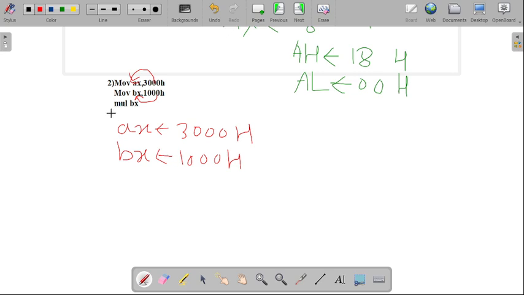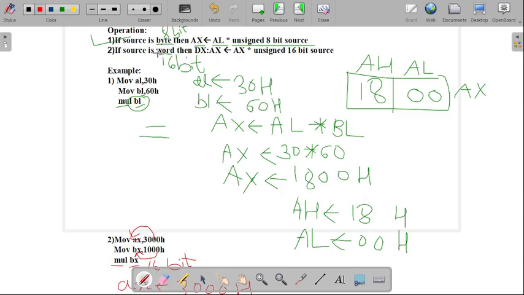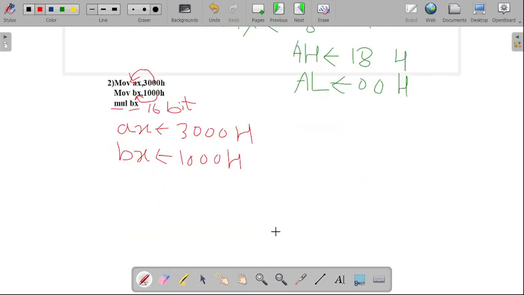So our BX becomes 1000H. Now whenever we are performing the multiplication with BX, BX is a 16-bit unsigned source. Whenever we have to perform the operation with a source that is a word, that is 16-bit data, then we perform the multiplication and our result will be stored as DX colon AX equal to AX into unsigned 16-bit source.